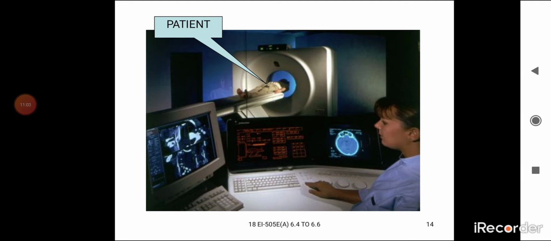In order to examine the patient, muscles or organs can be examined by the computerized axial tomography.